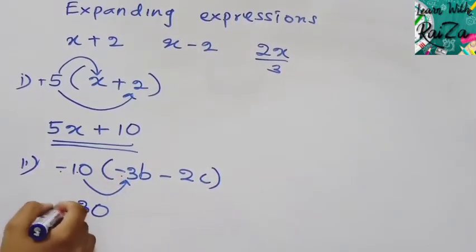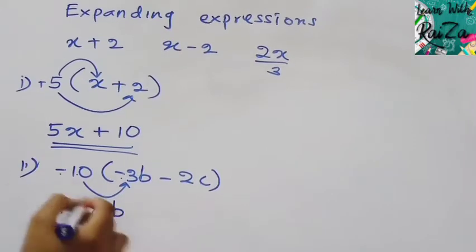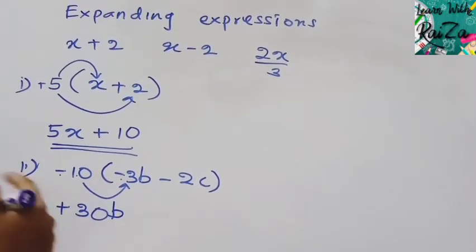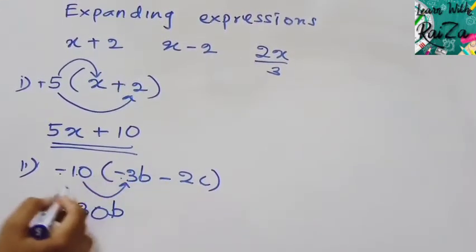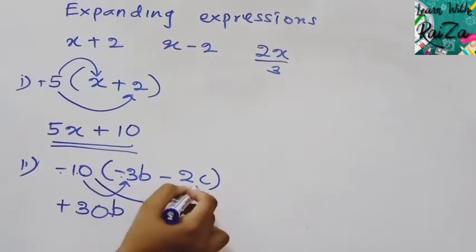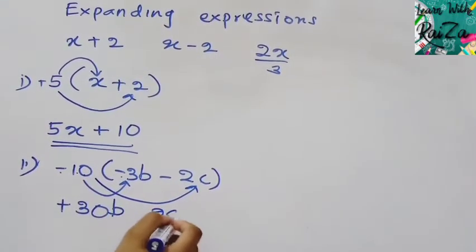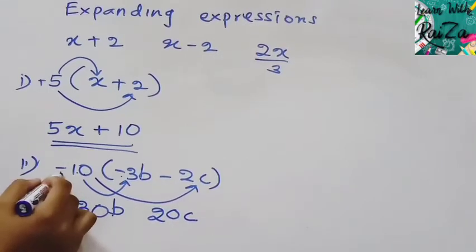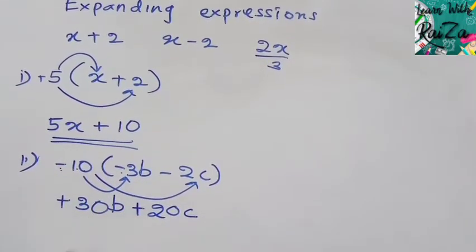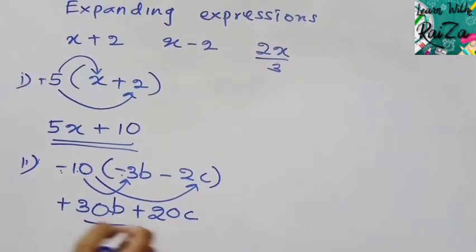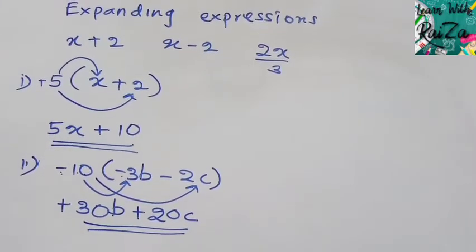Minus into minus will give plus, and this b stays as it is, because 10 times 3b is 30b. Now the second term, 10 times 2 is 20, and c, minus into minus will give you plus. So the final answer will be 30b plus 20c.